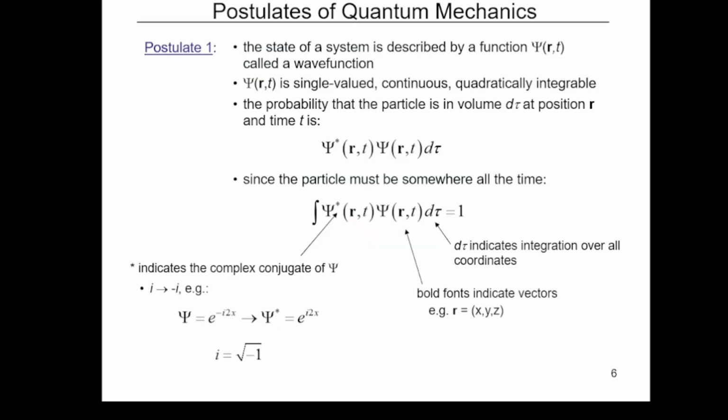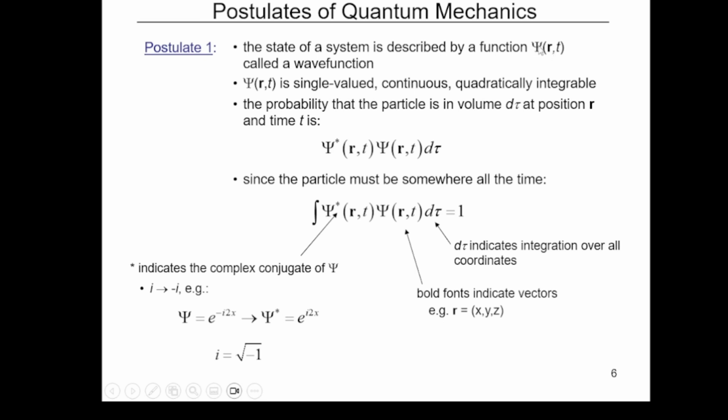Now we are going to see some of the postulates of quantum mechanics which may be used in the lectures which are going to come in the next few classes. So the first postulate is that the state of a system is described by a function, for example psi, and then in brackets you will see r and t.